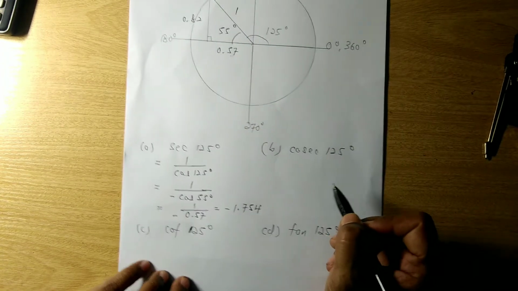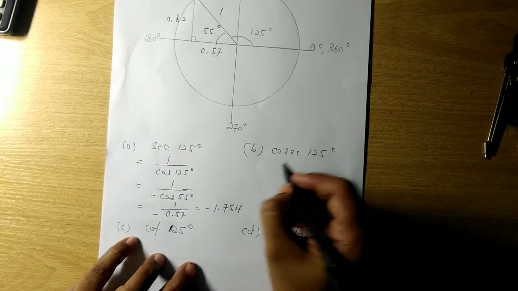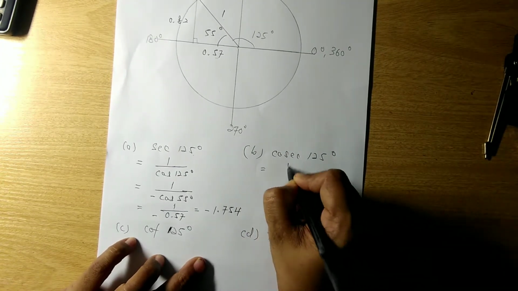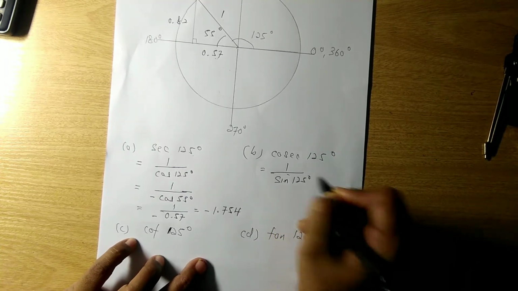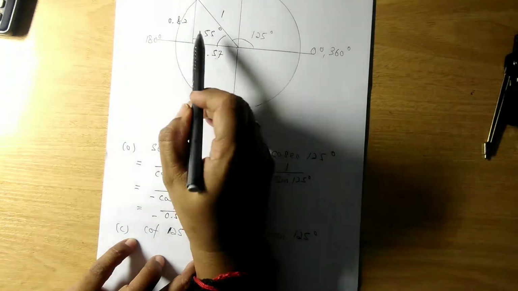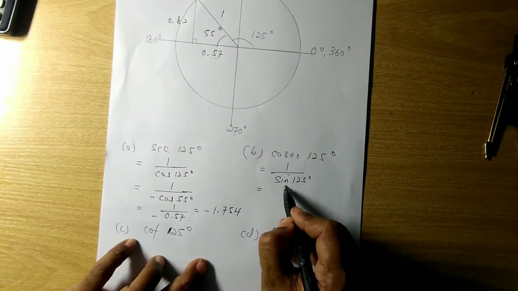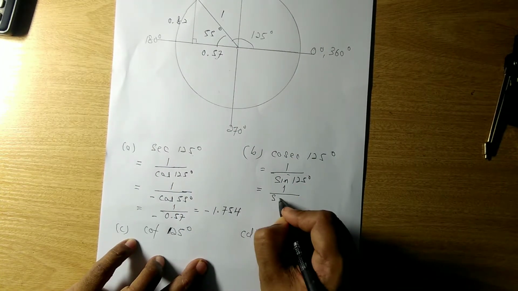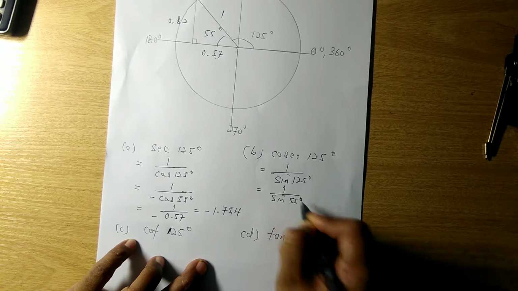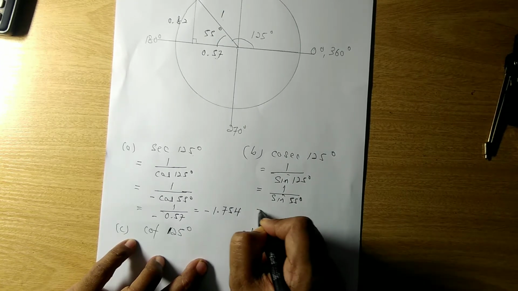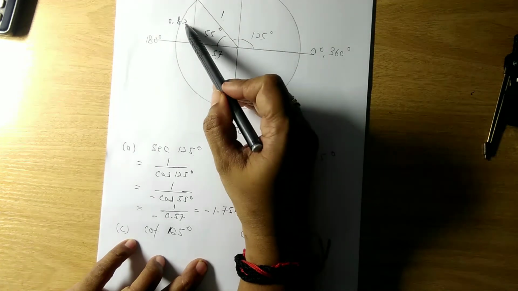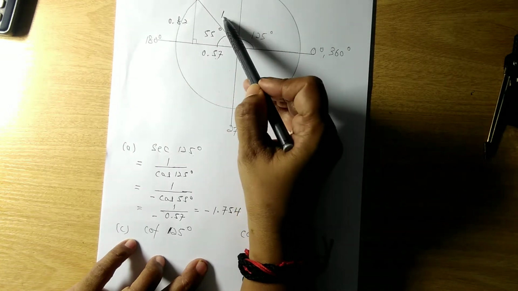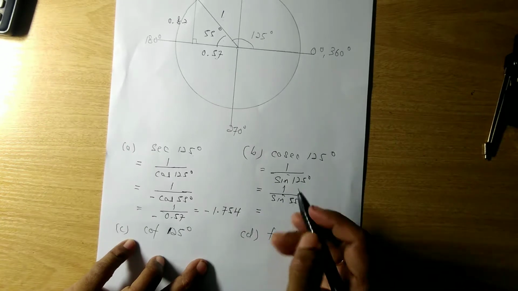Cosecant is actually 1 over sine 125. So again, sine in the second quadrant is positive. So I can actually write it as sine 55 degrees. Okay, sine 55 is actually opposite over hypotenuse. So this is 1 over 0.82.